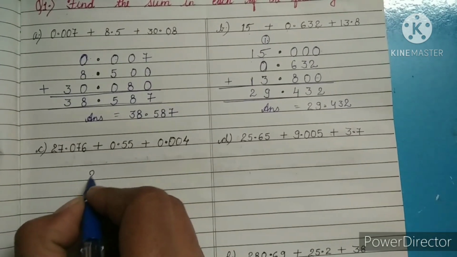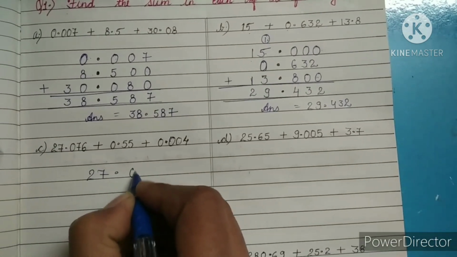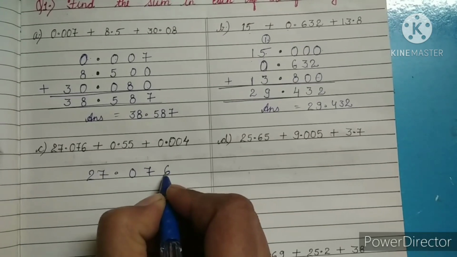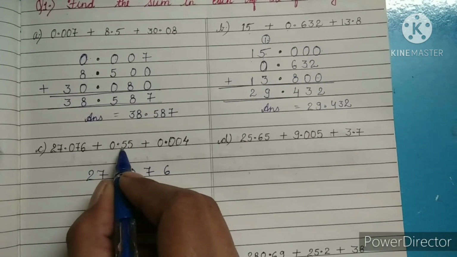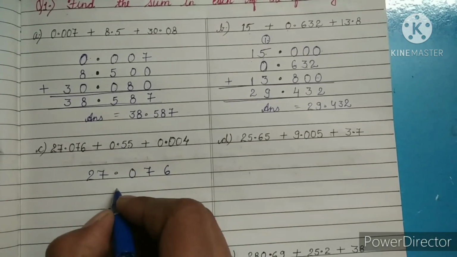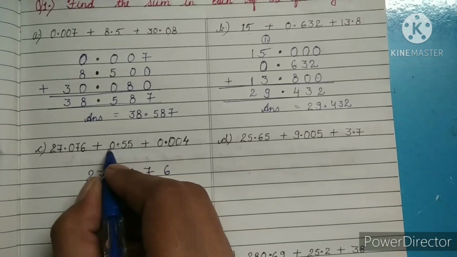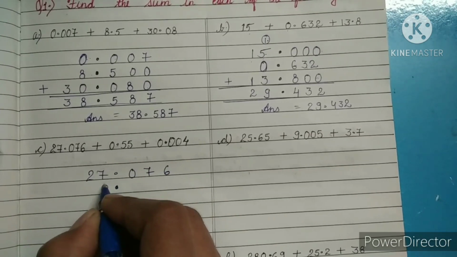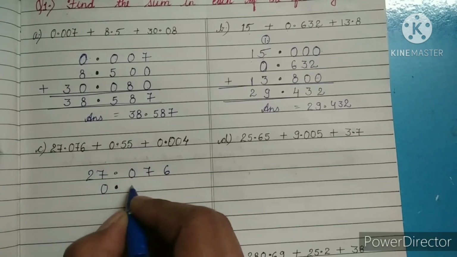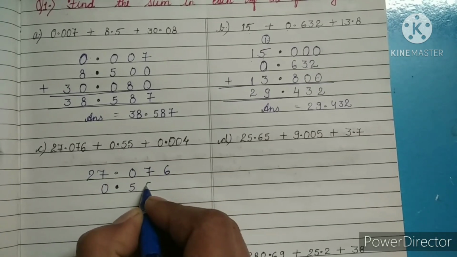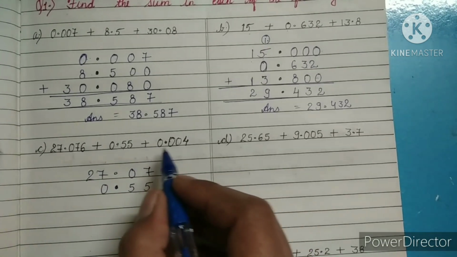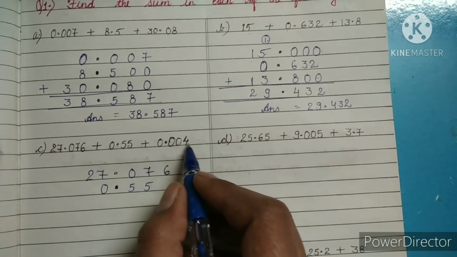27.076. So 27.076, second value is 0.55. So firstly we will put decimal, just before decimal 0, and just after decimal 2 times 5, so 2 times 5 is here. Third value is 0.004.